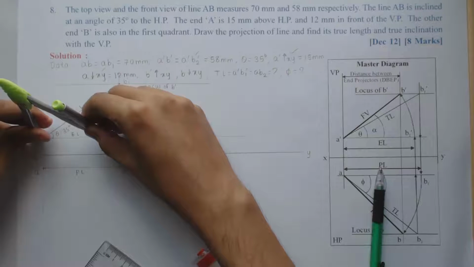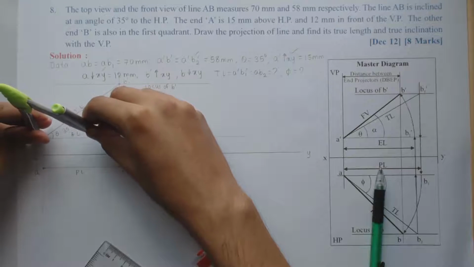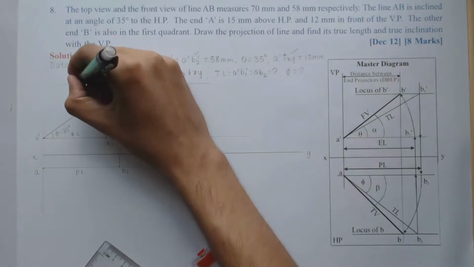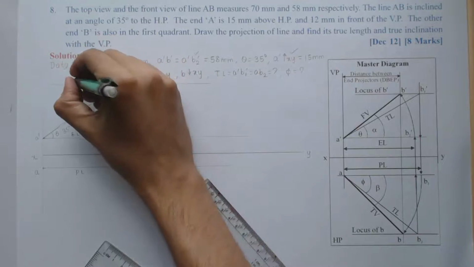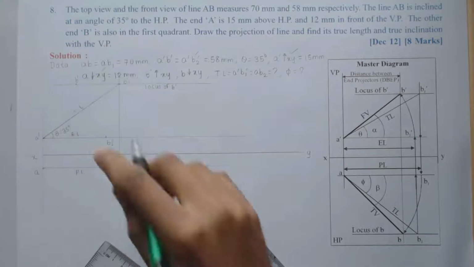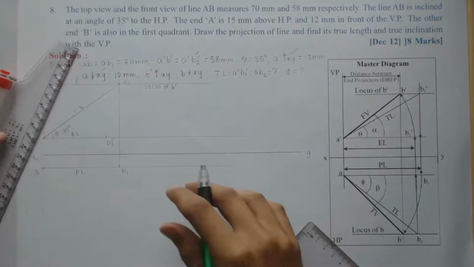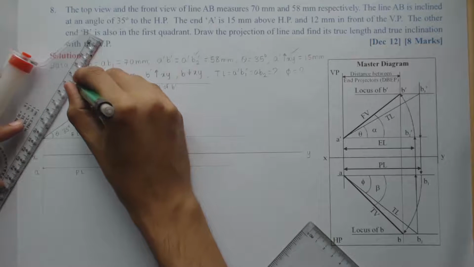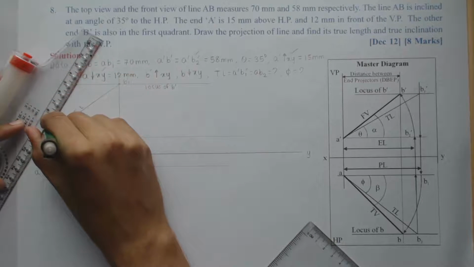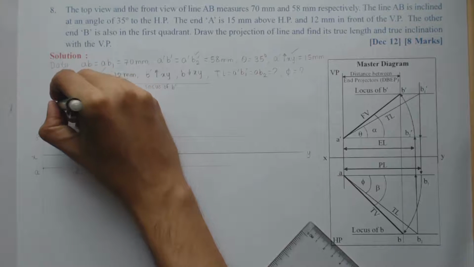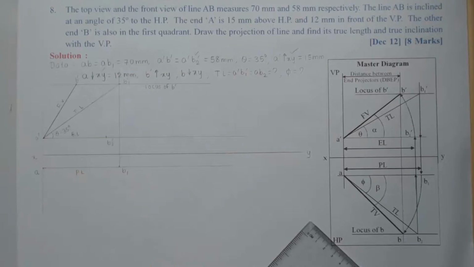So I can just produce this arc of A dash B2 dash up to locus of B dash. So this point will give me final front view, which is B dash. So we have marked the front view of the line, which is A dash B dash. Okay. So this A dash B dash denotes the front view. So we have done with the front view part.